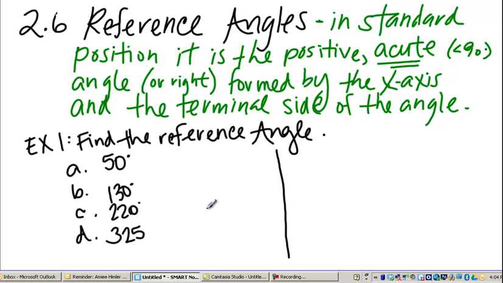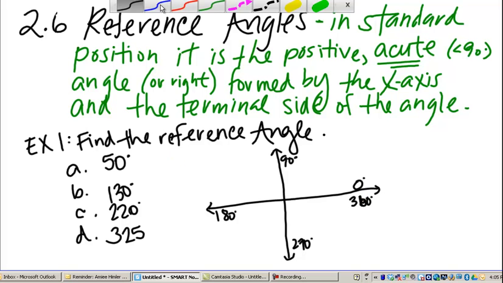And I want you to draw a coordinate plane. As a reminder from yesterday, you start off at 0 degrees here, then you get to 90 degrees, then 180, then 270, and then you're back around to 360. Okay, so for A, find the reference angle.